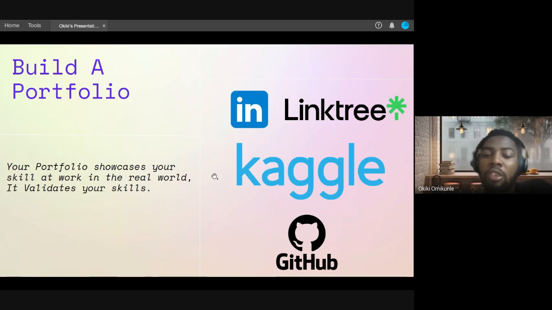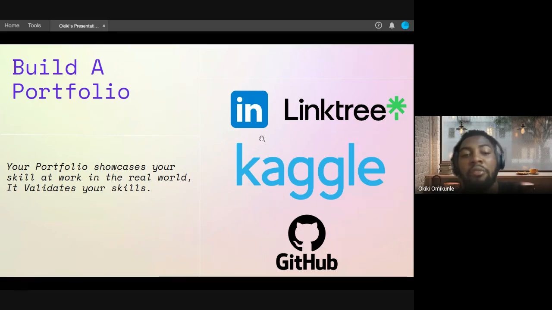So I included Kaggle and GitHub here. These are places where you can show your data analytics skills in real life, the projects you've built. You host them there.